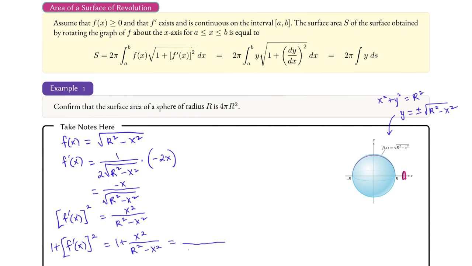Combine the two terms. The common denominator is r squared minus x squared. The numerator is r squared minus x squared plus x squared, which is r squared over r squared minus x squared.